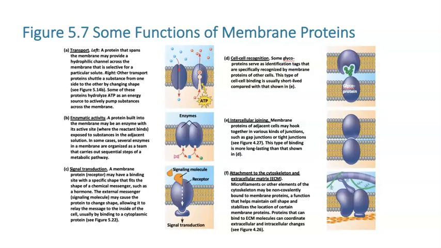That happens with ATP. The second function is the function of an enzyme. And an enzyme is any protein, as we've learned before, that helps with chemical reactions. There are proteins embedded in the phospholipid bilayer that help chemical reactions speed up.